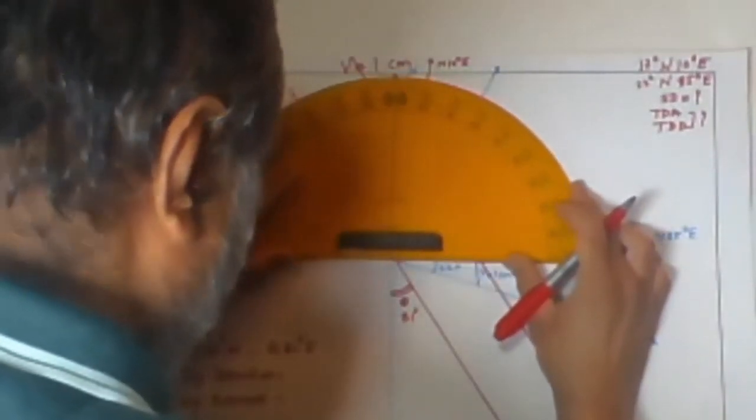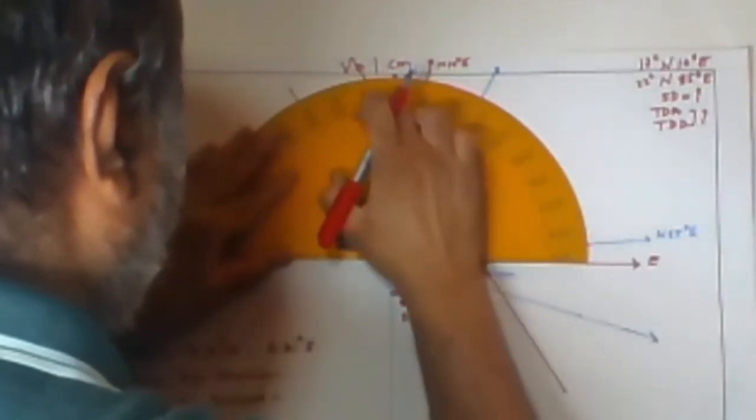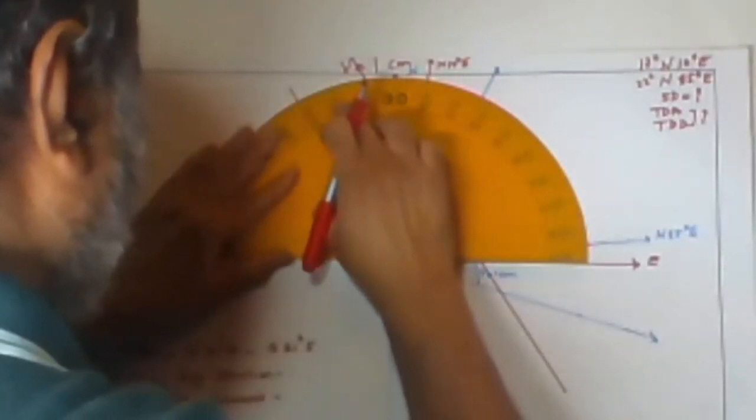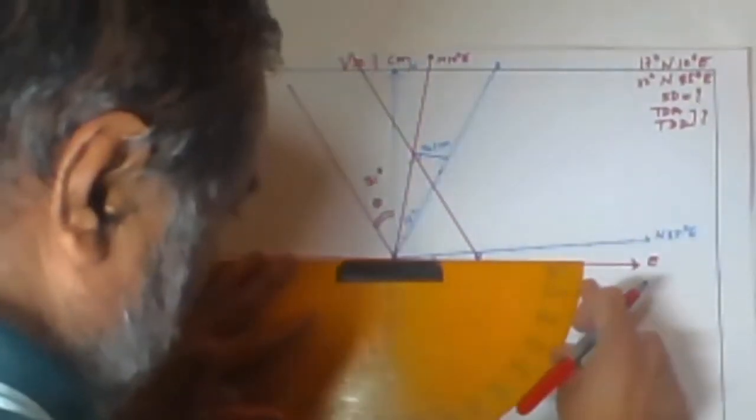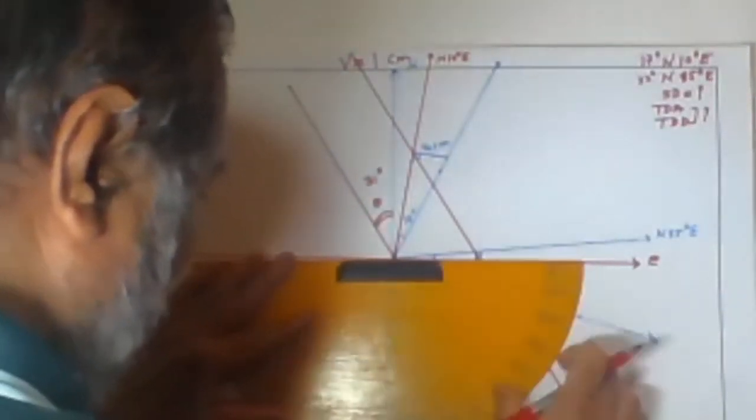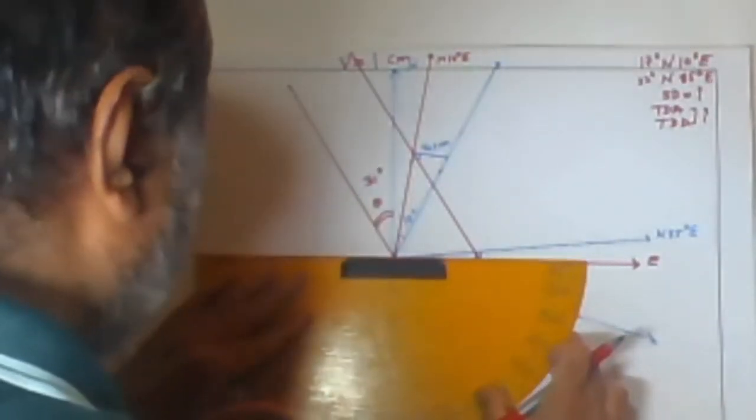Yes, I have to check the strike direction, 10, 20 degrees. With this compass it is coming 31, but in this sheet where we have solved the problem, it should be 35. Check it out properly.